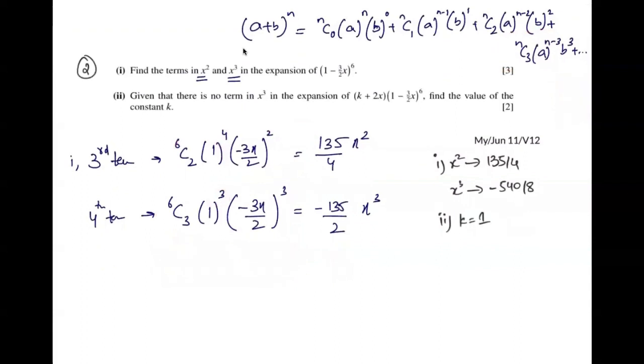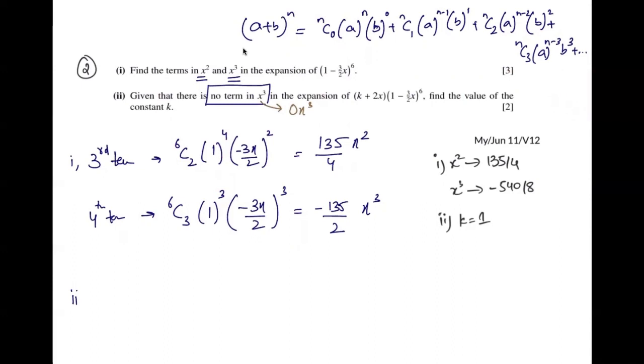Now for the second part, given that there is no term in x cubed, Hassan, what does this mean? The only way there could be no term in x cubed in the expansion is when the coefficient of x cubed is 0.